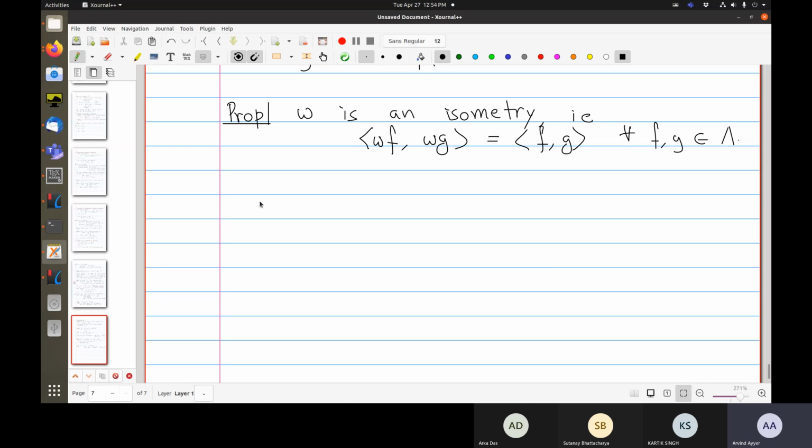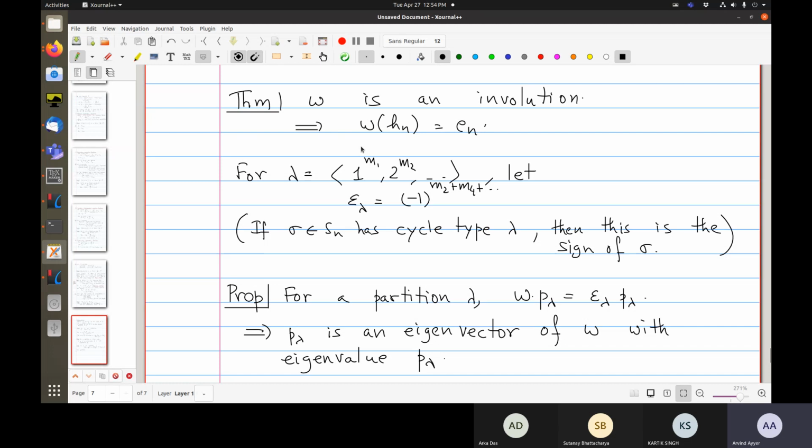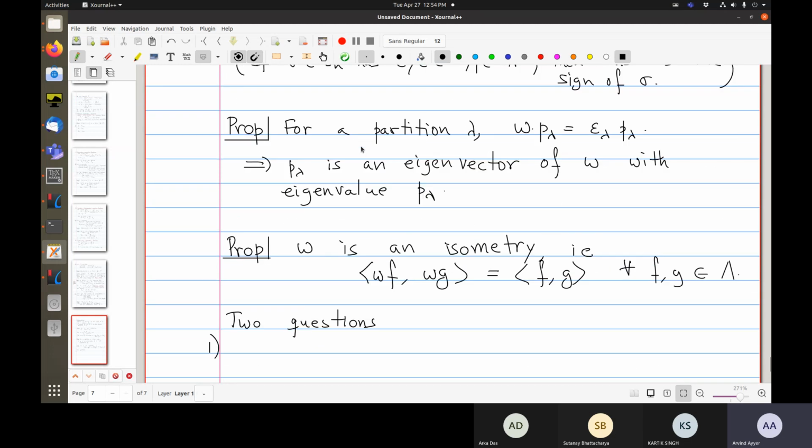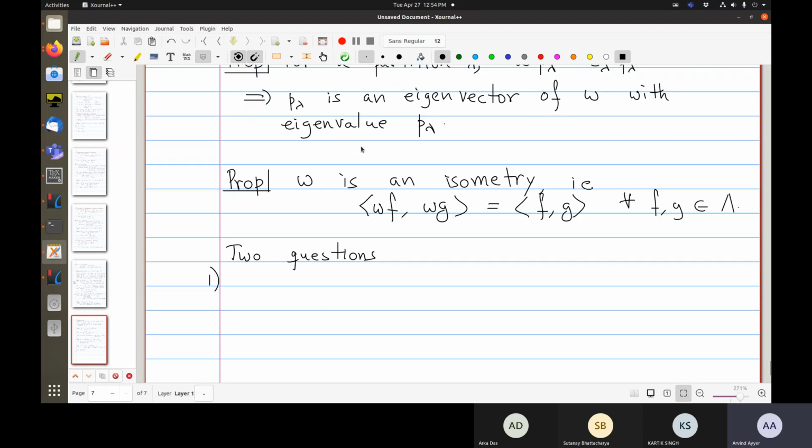Let me motivate the next, the most important basis of lambda, by two questions. One, from this inner product point of view, we have not yet seen an orthonormal basis.